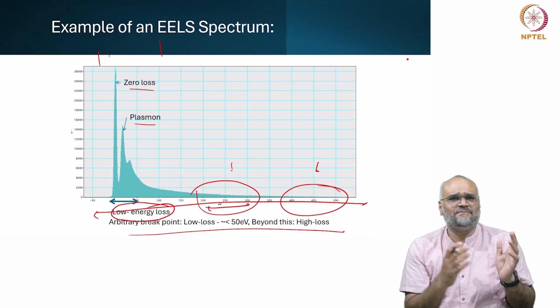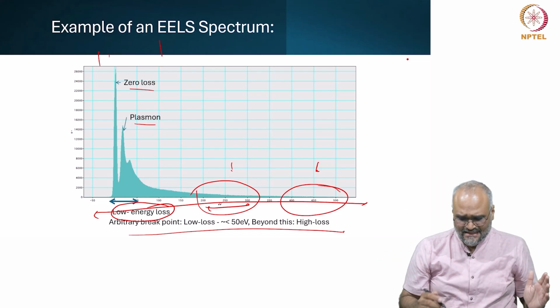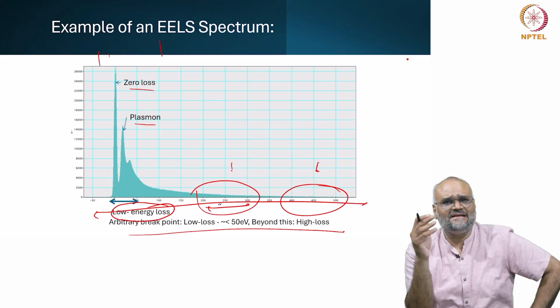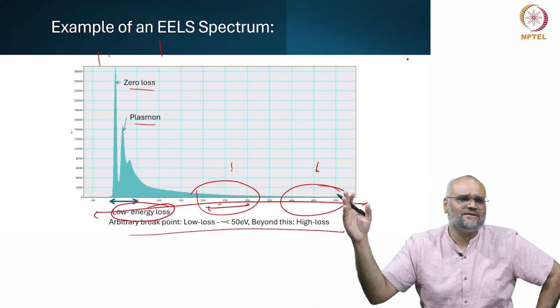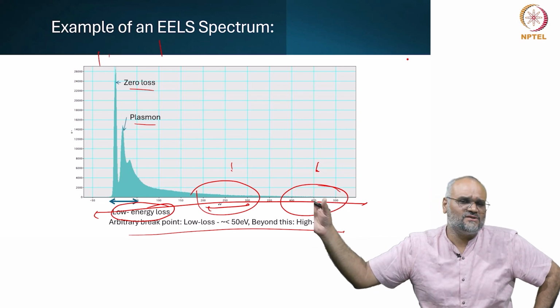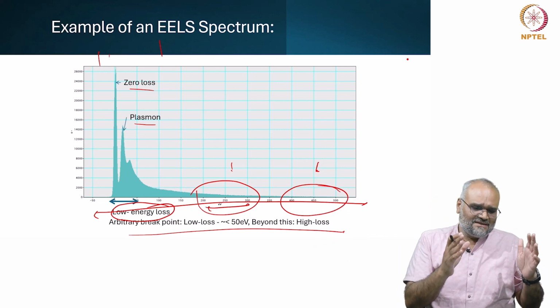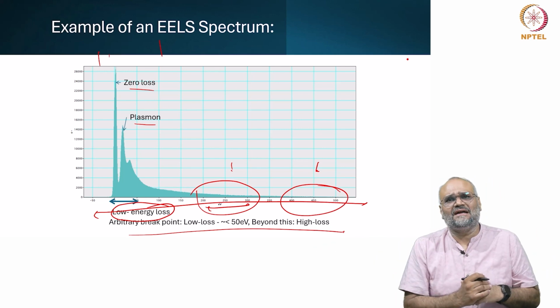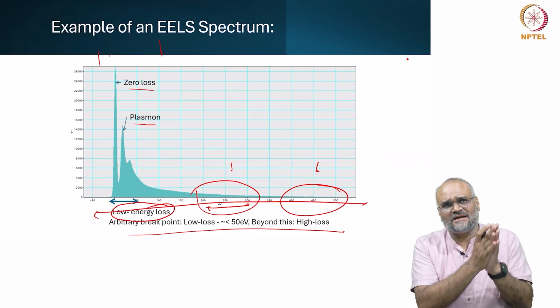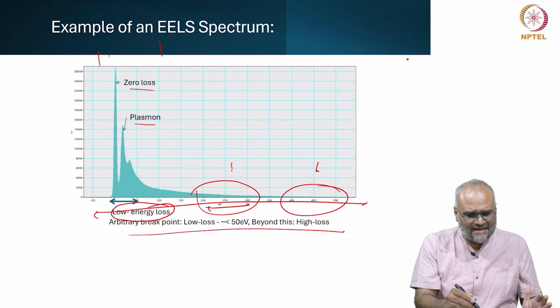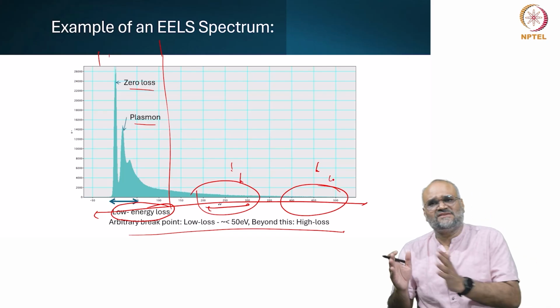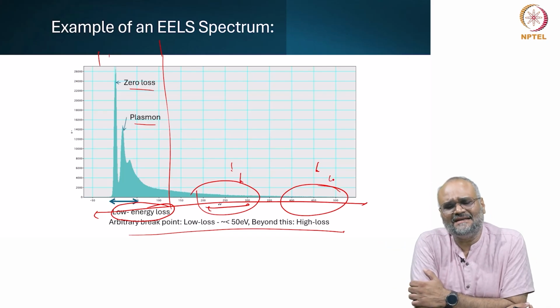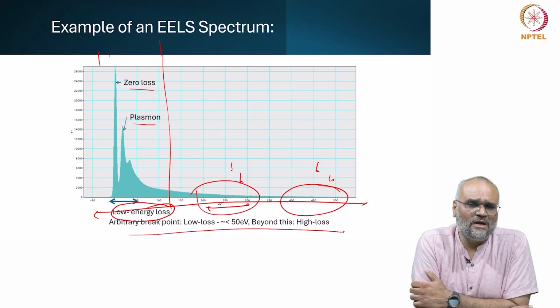You know that, for example, if I'm looking at carbon, I need to look at somewhere around 280 eV. If I'm looking at oxygen, 532 eV. If it is copper, 720 eV, and so on. So I know that element-wise, if I want to collect a specific near edge spectrum, you start by looking at the low loss spectrum first, and then you focus on specific energy windows, and then get meaningful quantitative data as well.